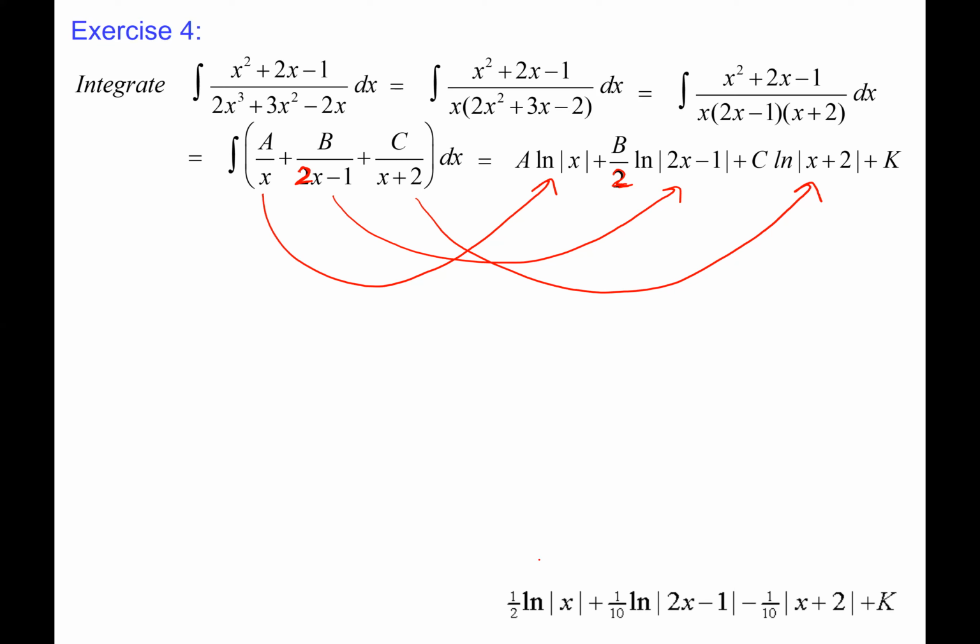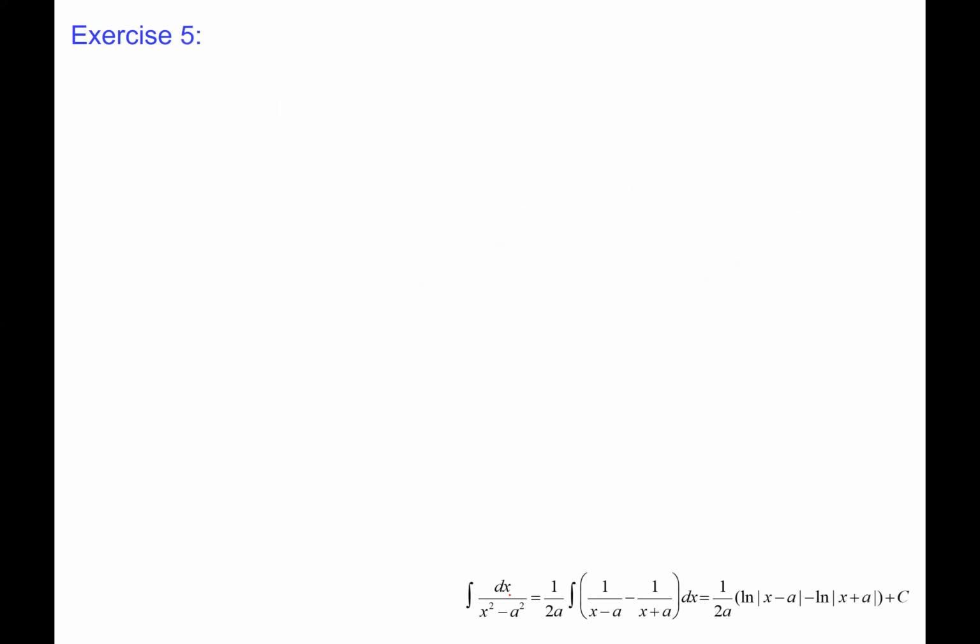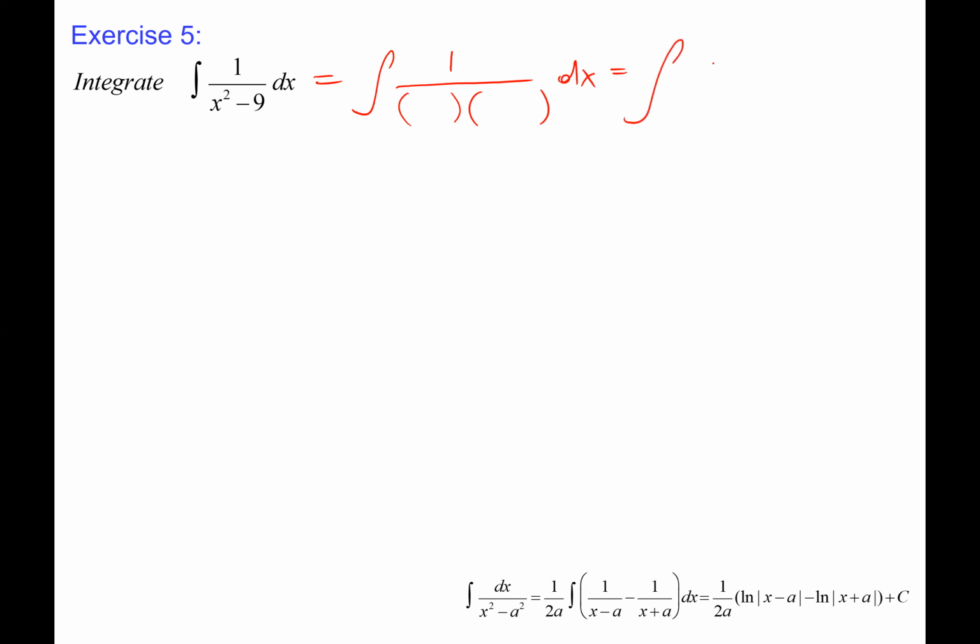Oh, and I do have the answers for you. The same, this one we will leave. I have the general answer, but can you tell me what the factors of the denominator are? Then we will have A over the first one, B over the second one.